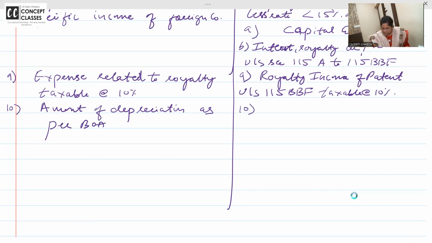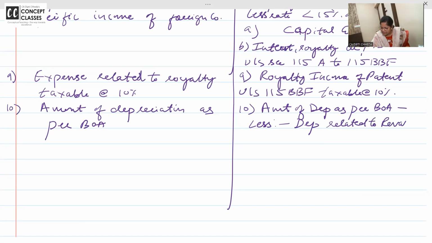Then deduct amount of depreciation as per books of accounts minus less depreciation related to revalued asset. Depreciation related to revalued asset. Clear to all of you? Depreciation निकाल दो. Then depreciation allowed है, but minus the depreciation related to revalued asset. Okay?